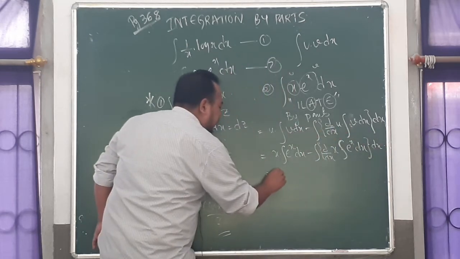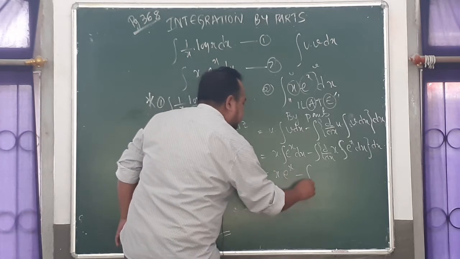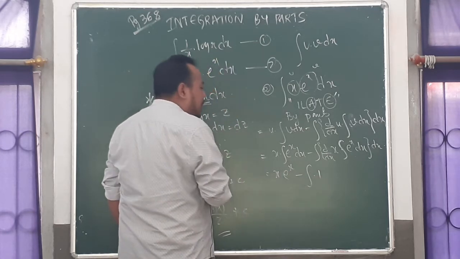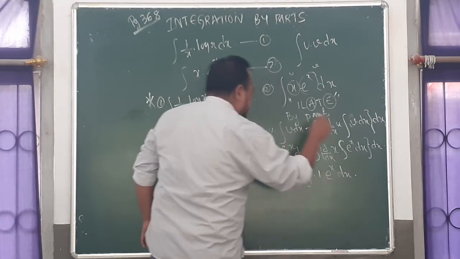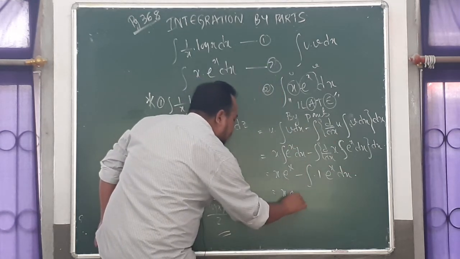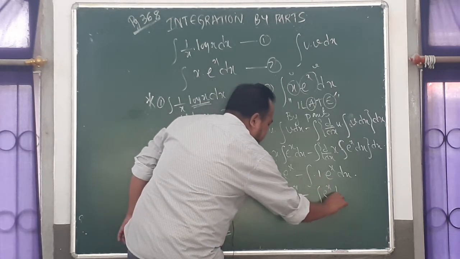Now you get x integration of e^x, formula e^x, minus integration, differentiation of x is 1 and integration of e to the power x is e to the power x dx. So you are left with x dot e to the power x minus e to the power x into 1 is e to the power x dx.